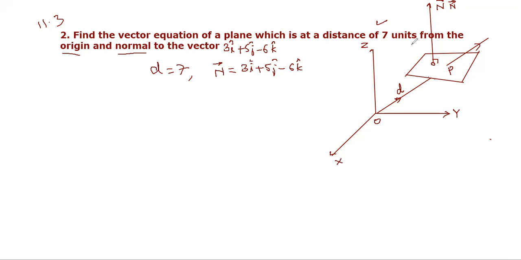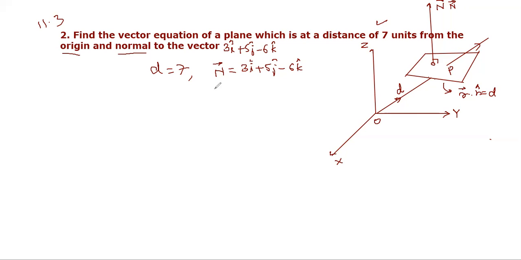So when we use the equation of the plane, it should be in the form of r dot n cap is equal to d, because then this d will become the distance of this plane from the origin. Actually this is wrong. It should be perpendicular. So the OP should be perpendicular.